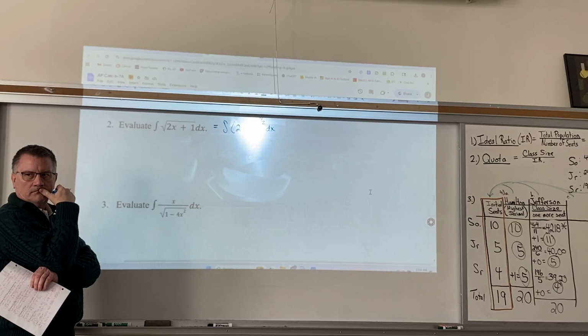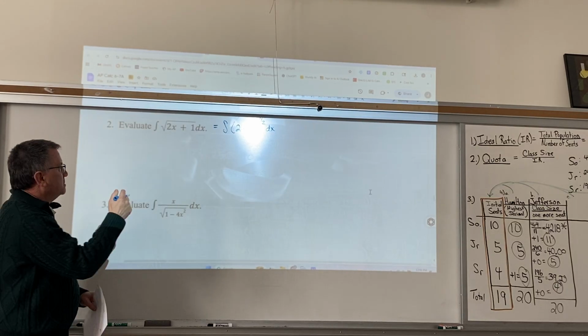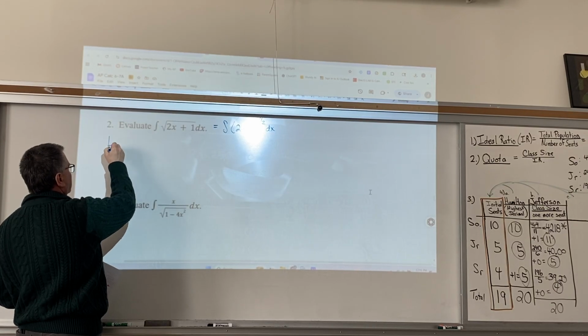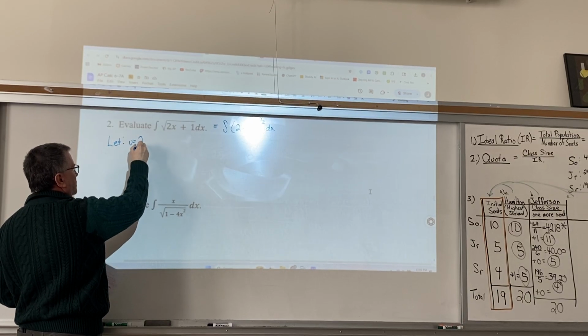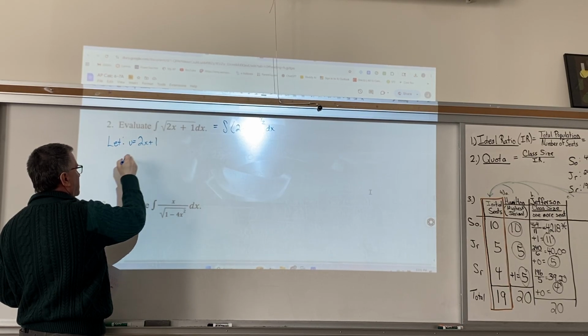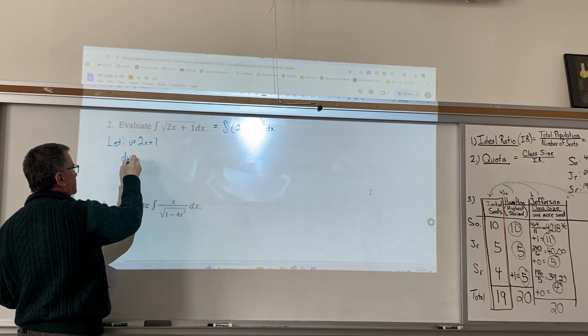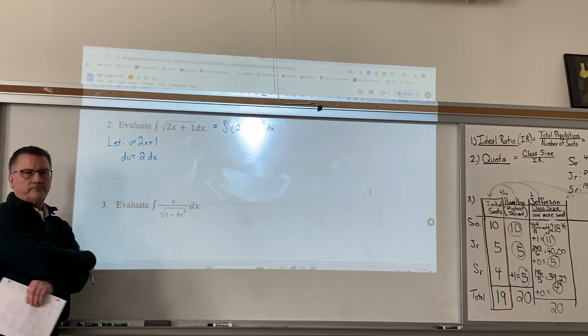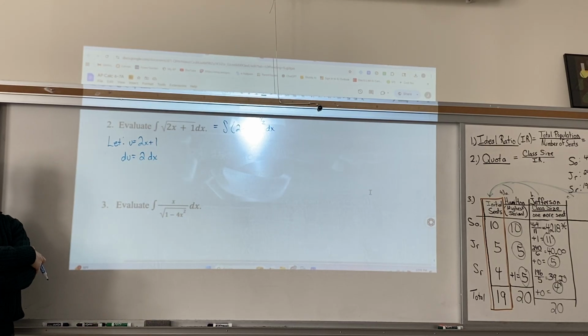So u equals 2x plus 1. Yeah, let's try that. So let's let u equal 2x plus 1. du, the derivative of that would just be 2 dx. Remember doing that?